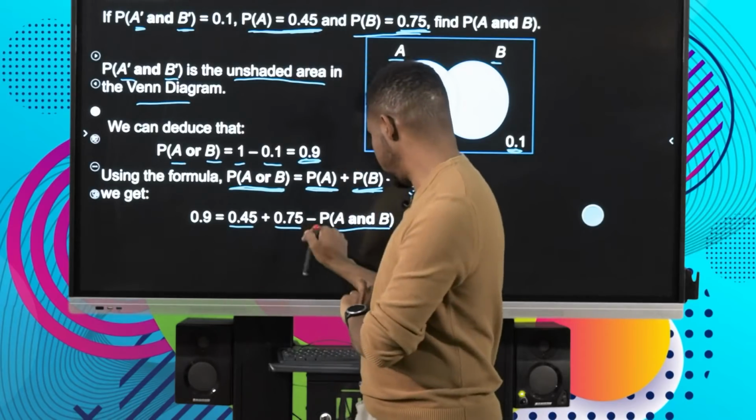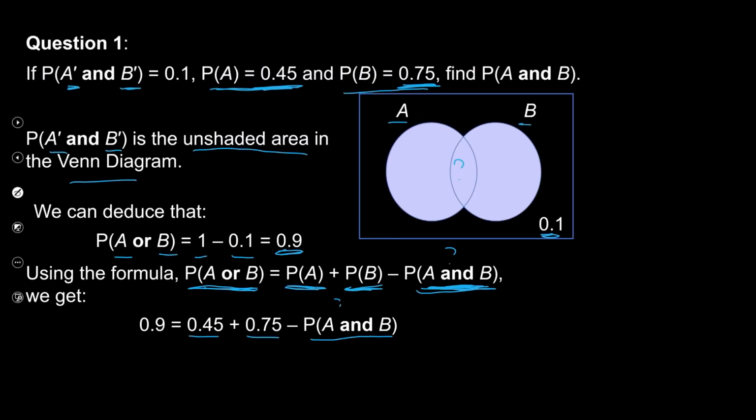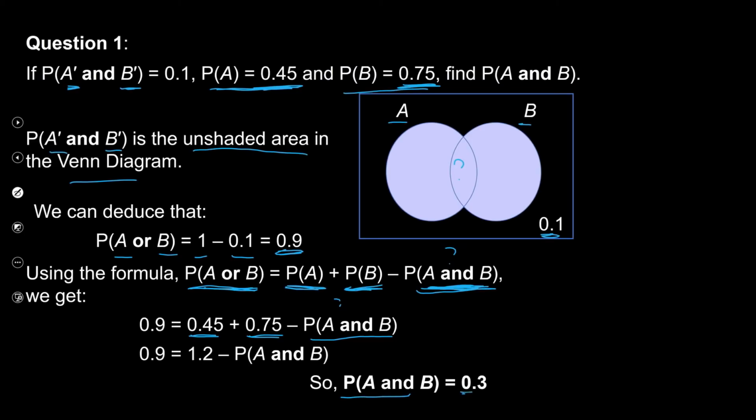So what does it mean? I have to bring everything to the other side, because we're solving that, and if you solve this, we get that the probability of A and B is 0.3. Are we together? So what was important with this question was we knew that this is 0.1 outside.